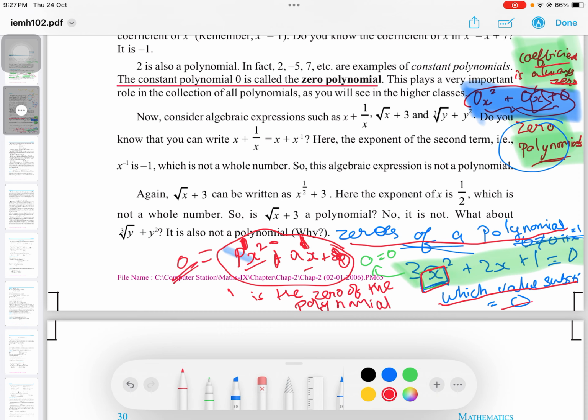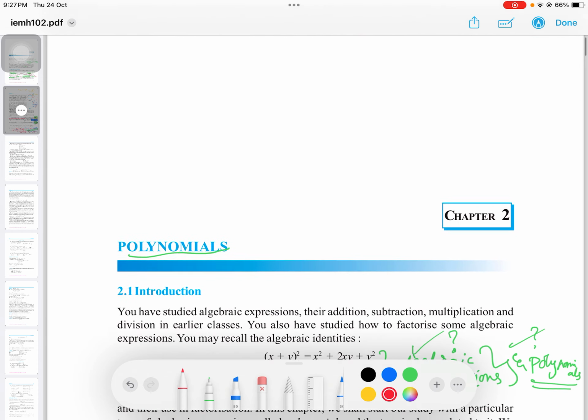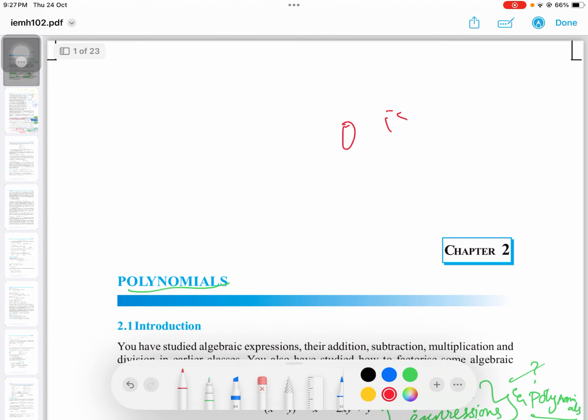We can also say that 0 is the 0 of the polynomial.